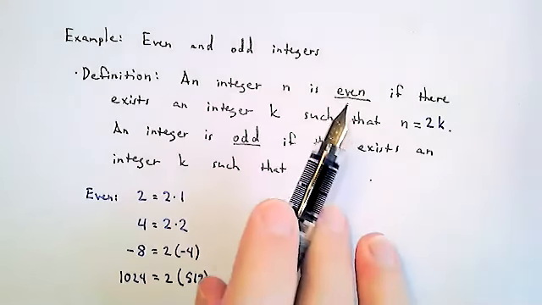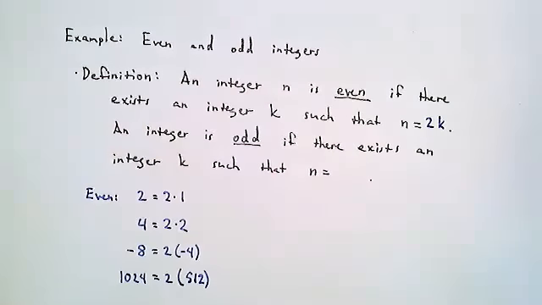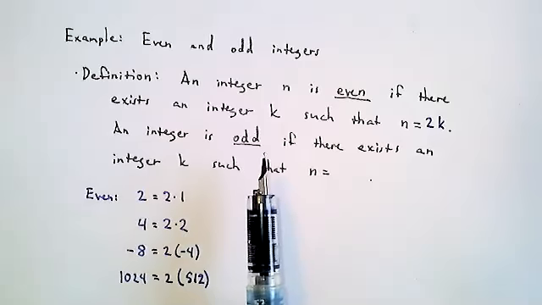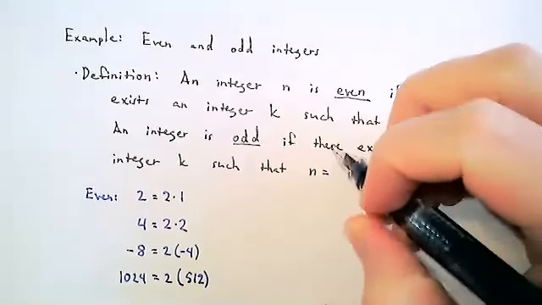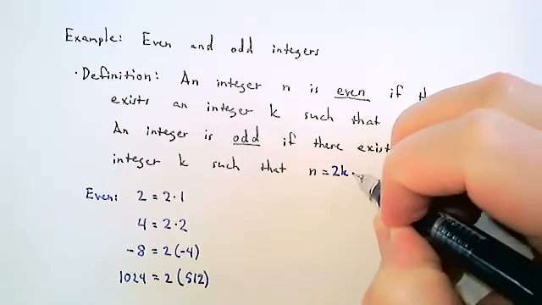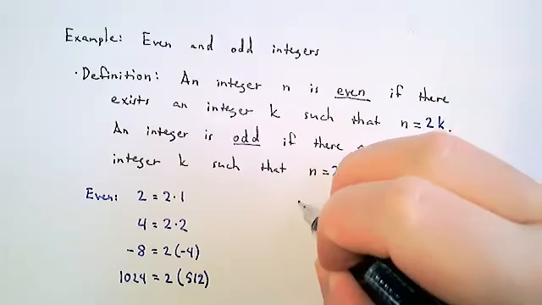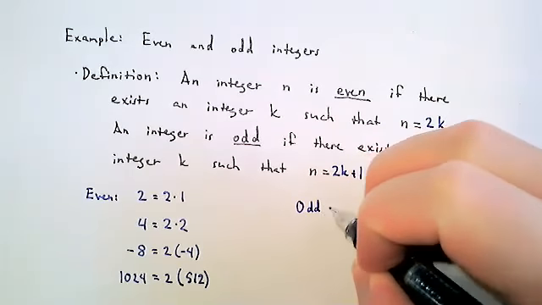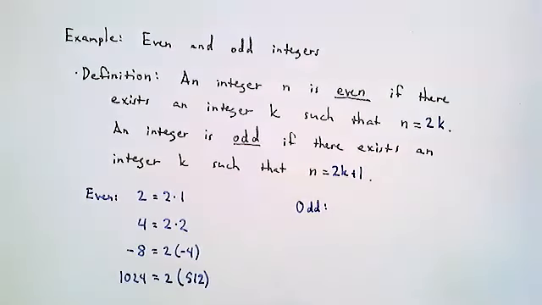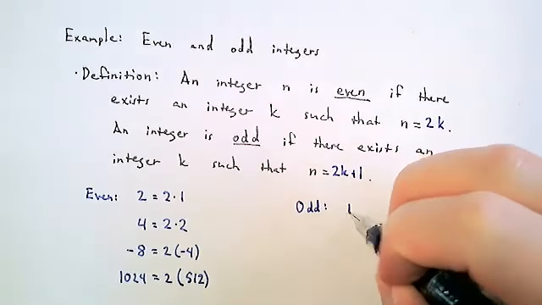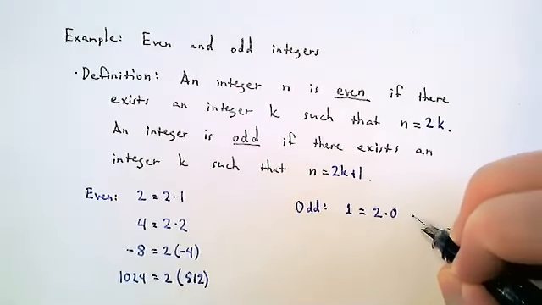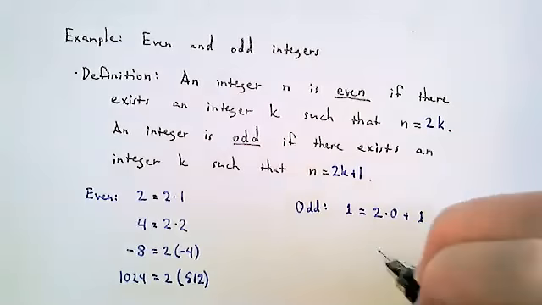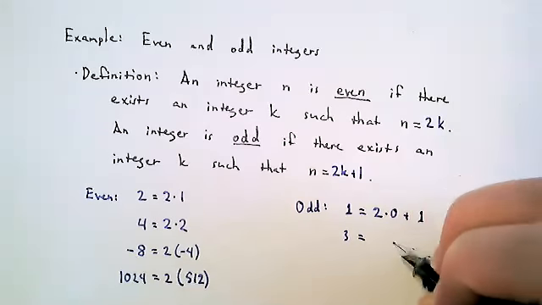And then related to even numbers are, of course, the odd integers. An integer n is odd if there exists an integer k such that n is equal to 2k plus 1. So just to think through what that abstract definition means, 1 we know is an odd number, and it's equal to 2 times 0 plus 1. The next odd number is 3.